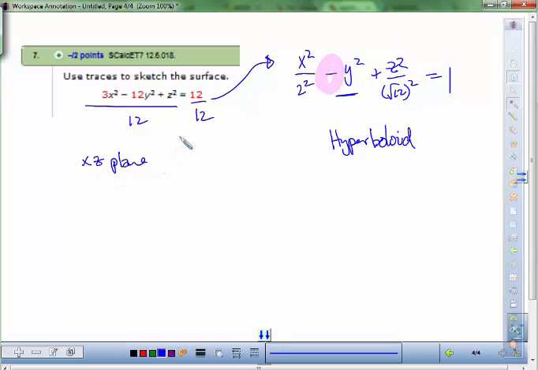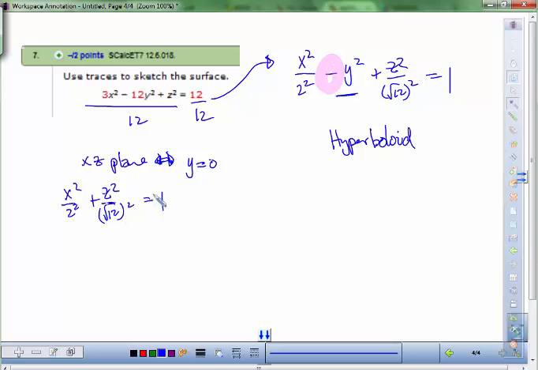And when I say xz plane, what equation am I talking about? Y equals 0. So xz plane is equivalent to saying y is equal to 0. So let's set y equal to 0. You got x squared over 2 squared plus z squared over square root of 12 squared is equal to 1.